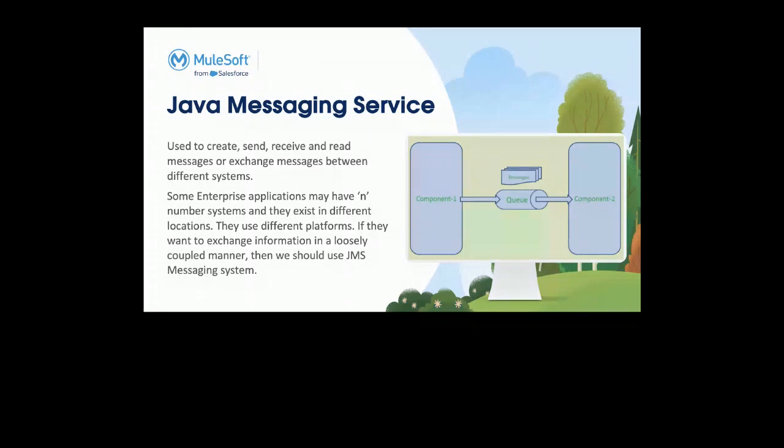Then we should use a JMS message system. The different systems or servers publish to JMS, and the JMS broker decides who is subscribed and accordingly distributes the message. So component 1, component 2, queue and the messages.